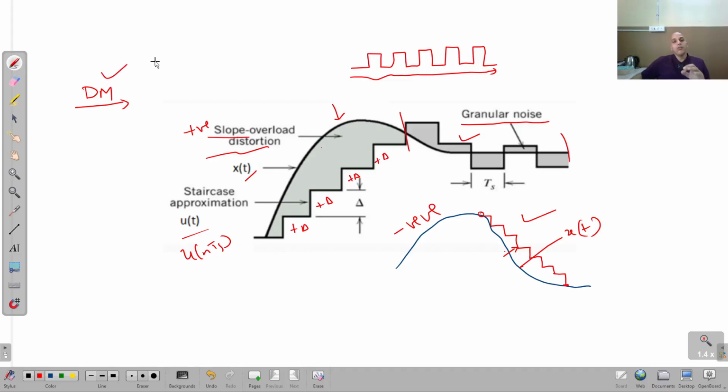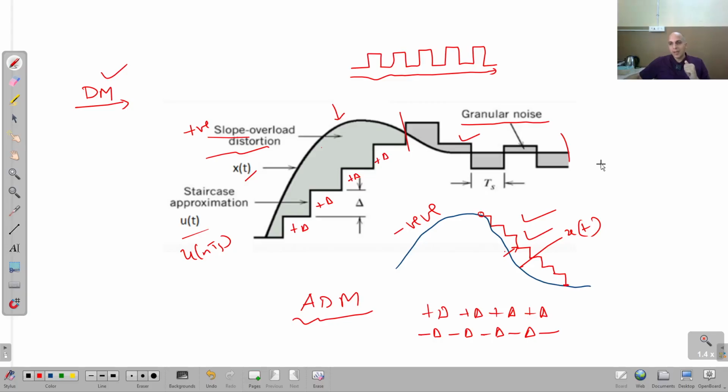So in order to address this, a new type of pulse code modulation was invented, known as adaptive delta modulation. In the coming lecture, we will discuss adaptive delta modulation, right? How we can handle plus delta, plus delta, plus delta type of problem, or minus delta, minus delta, minus delta, which is negative slope overload.